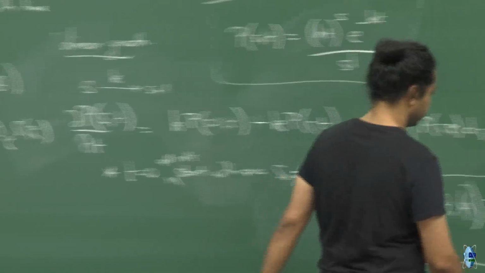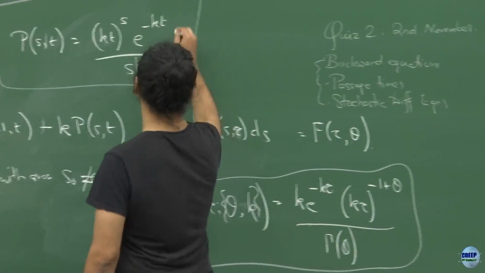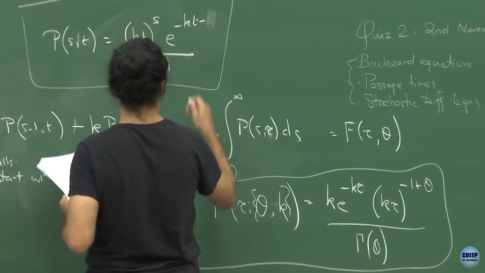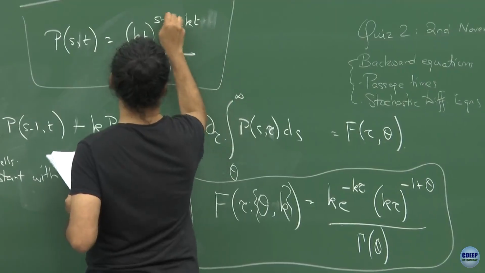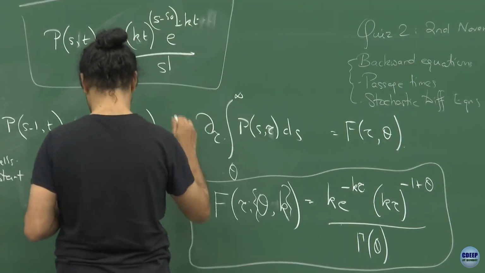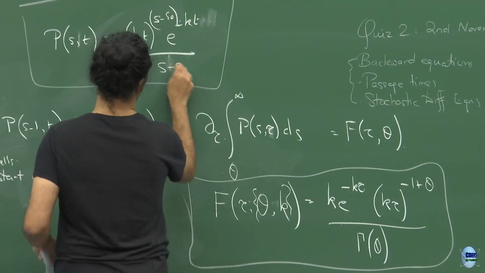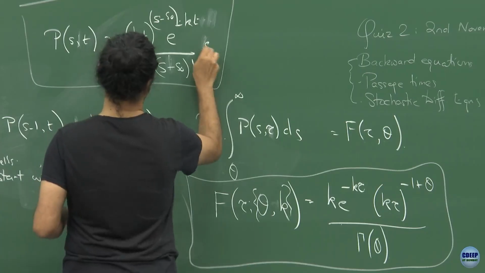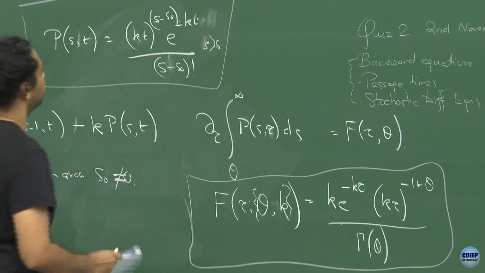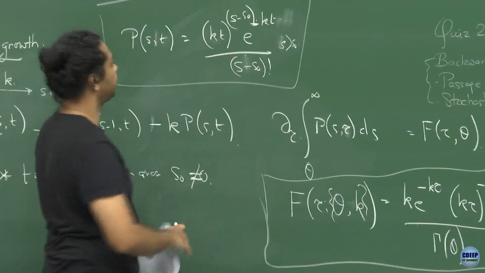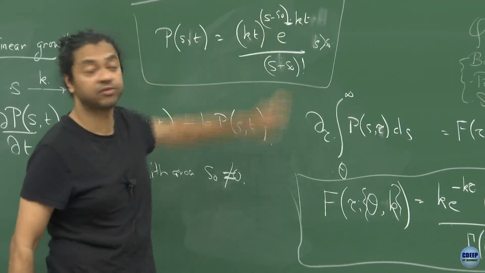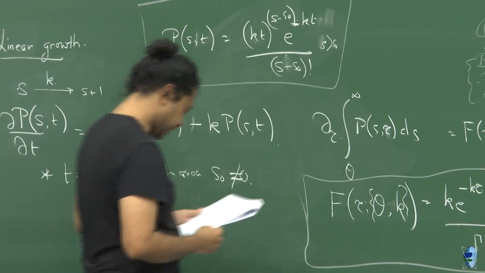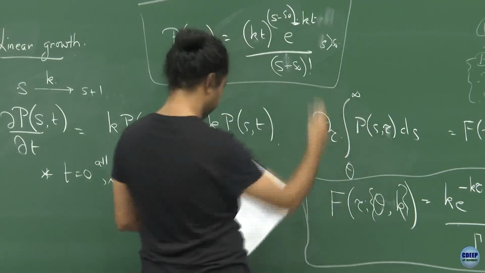That is, you will get (kt) to the power of S minus S naught, divided by (S minus S naught) factorial, for S greater than S naught. So it's the same Poisson, except it's just shifted. Wherever it was S, you will have S minus S naught, where S naught is your starting size. And you will get a corresponding FPT distribution.